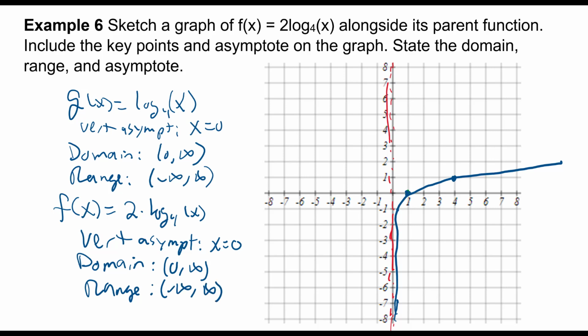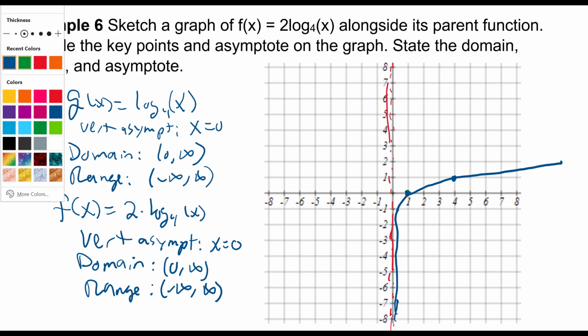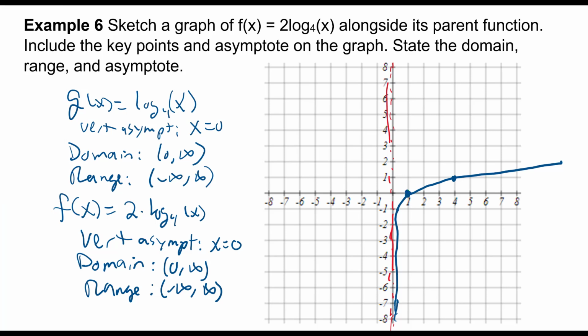But some points will change. This one doesn't. It still goes through 1, 0. It would have gone through 4, 1, but now it's going to go through 4, 2. And it would have gone through 1/4, negative 1. It'll go through 1/4, negative 2. So it's going to look something like this. That's the graph of the stretched function.